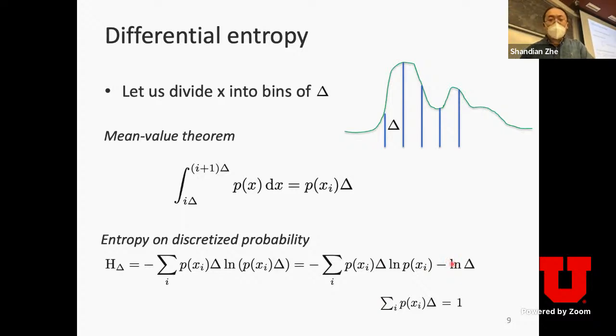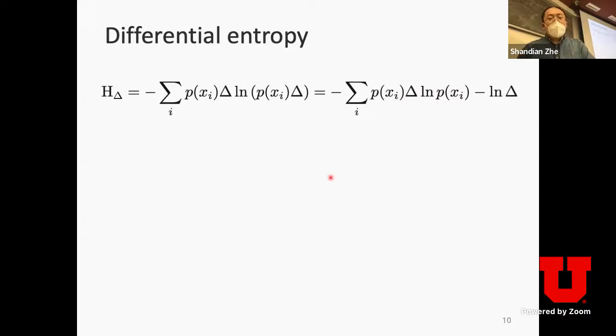Then, if we take delta to 0, this term diverges, right? Log 0 is negative infinity. In other words, negative logarithm delta will go to infinity.